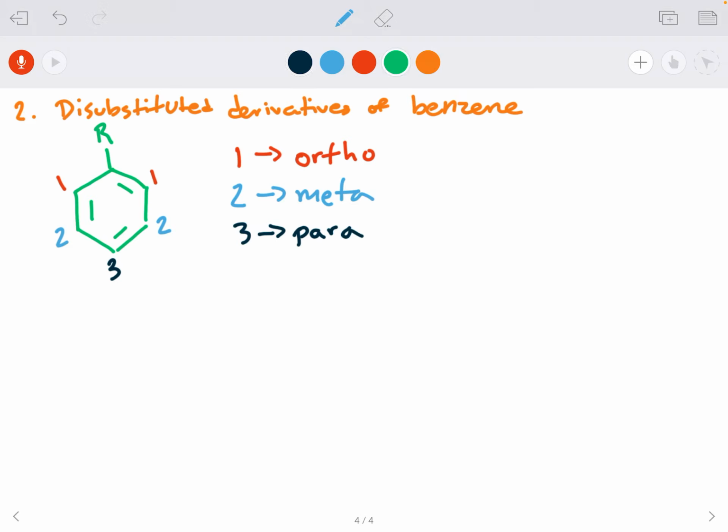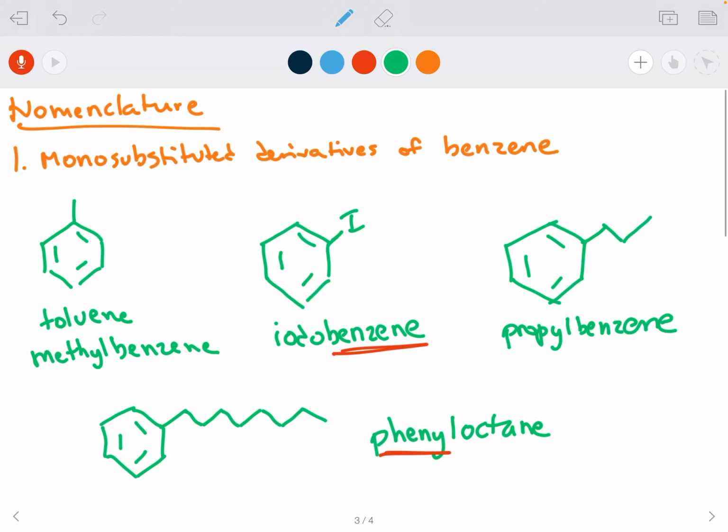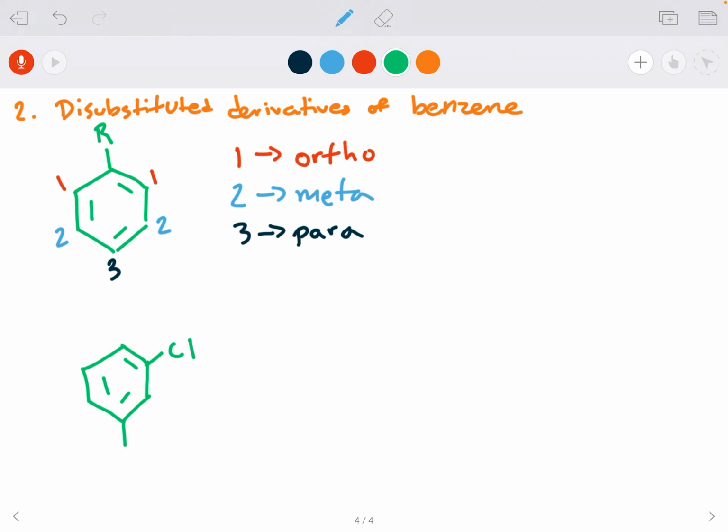So if I have this compound, said on the last page, right, this is known as toluene when it has 1 methyl group. So when I name this now, there's 2 ways I could do it. I could say 3-chlorotoluene. I could also call it meta-chlorotoluene because it's in the meta position from that methyl group.